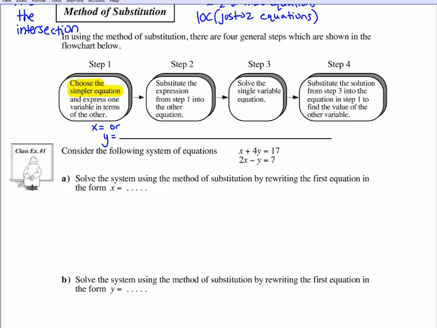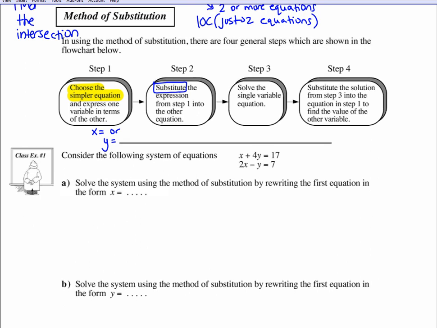So isolate one variable, usually the one with a coefficient of 1. From there, we're going to substitute. Hence why this is called the method of substitution. We sub what we isolated into the other equation. From there, life is good because we're going to have a single variable equation, and that is grade 9 math and less.